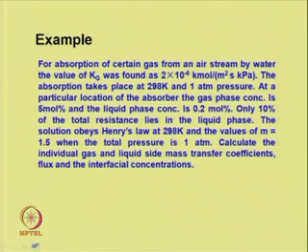Let us take an example to calculate this individual coefficient, flux and interfacial concentration for a particular system. For absorption of certain gas from an air stream by water, the value of Kg was found as 2 into 10 to the power minus 6 kilomole per meter square second kilopascal. The absorption takes place at 298 Kelvin and at 1 atmosphere pressure.